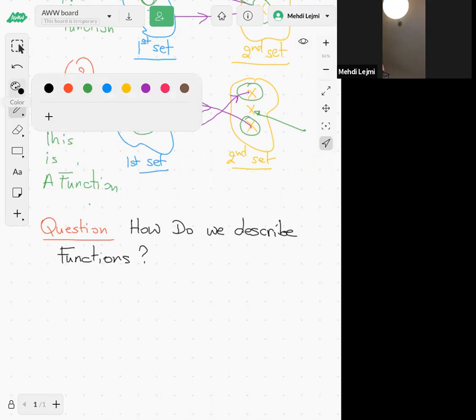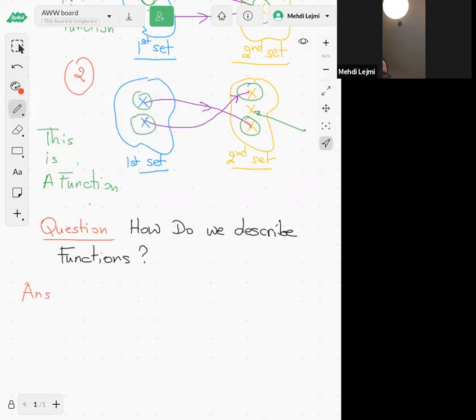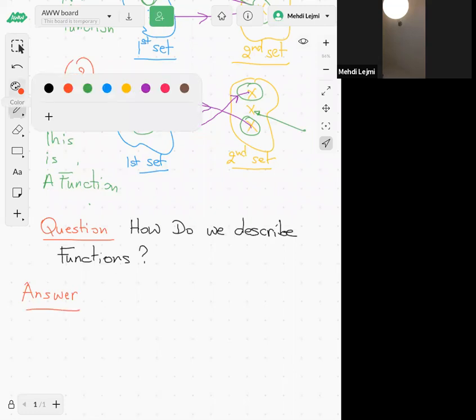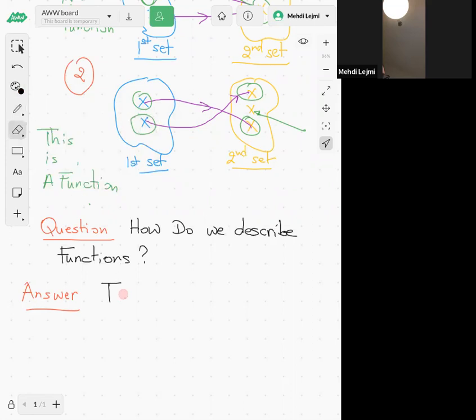Okay, and so the answer is, well, there are many ways actually to describe functions, but there are two important ways. So let's say there are two important ways to describe functions.